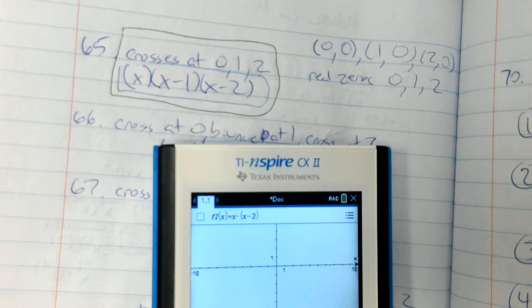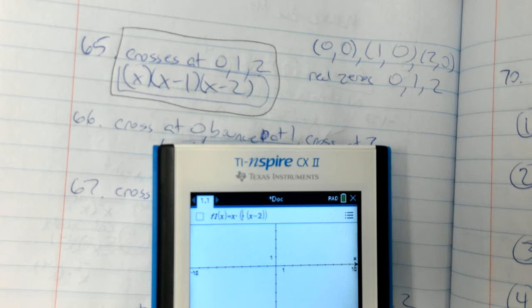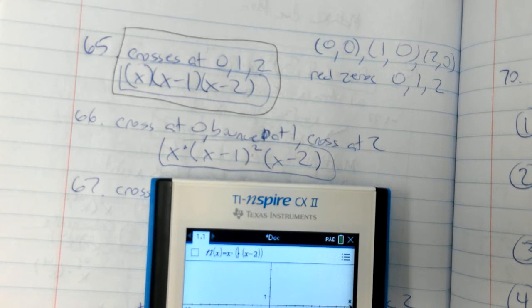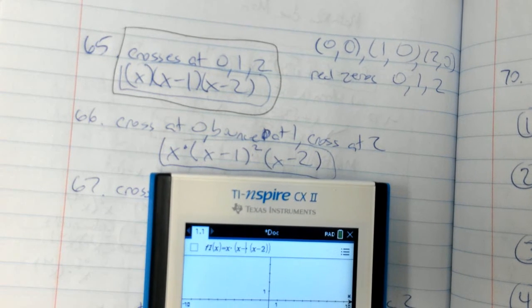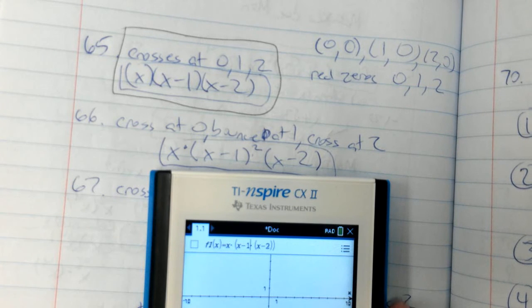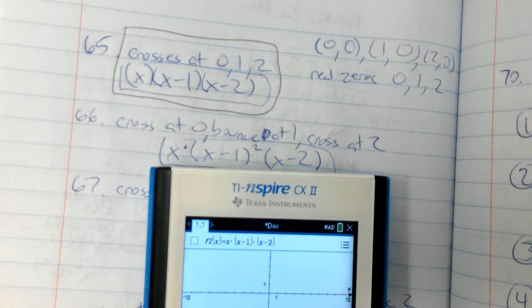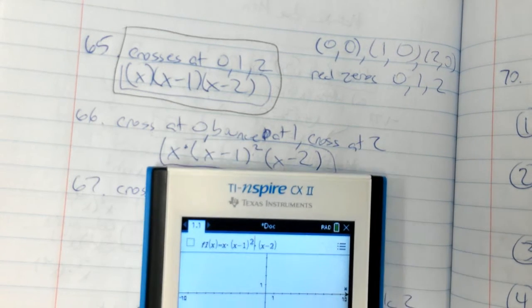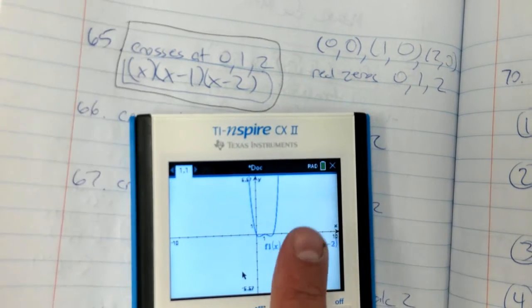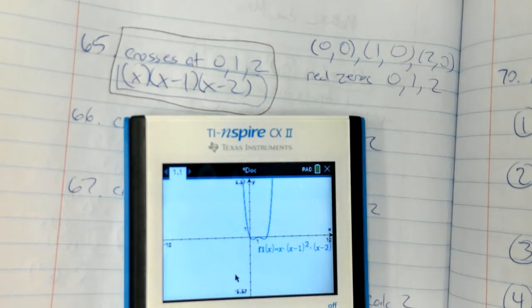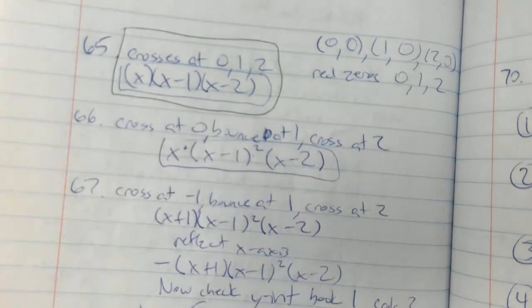X times x minus 1 squared and x minus 2. Okay, and so then you can see this graph, and that is pretty similar to this graph.